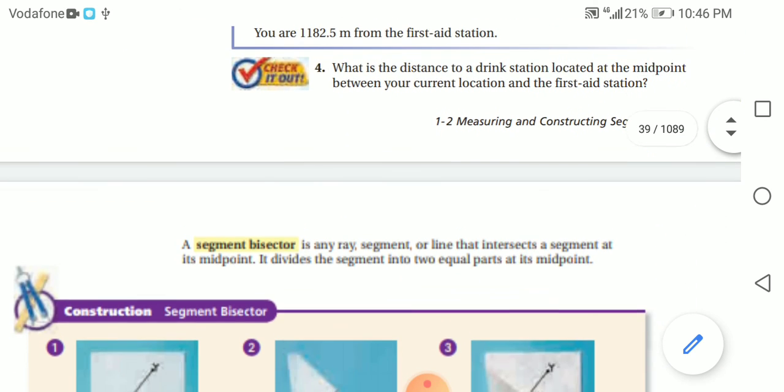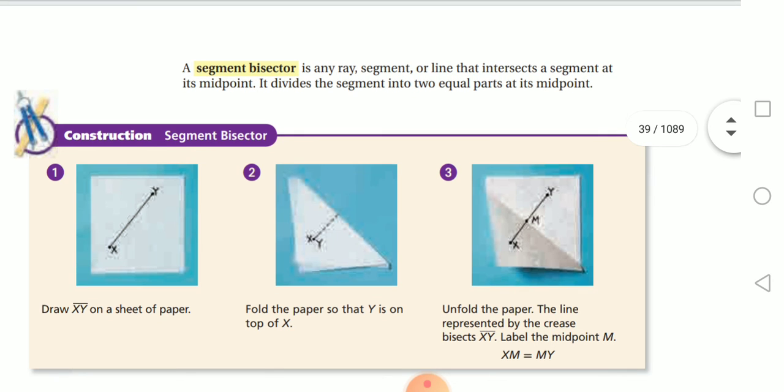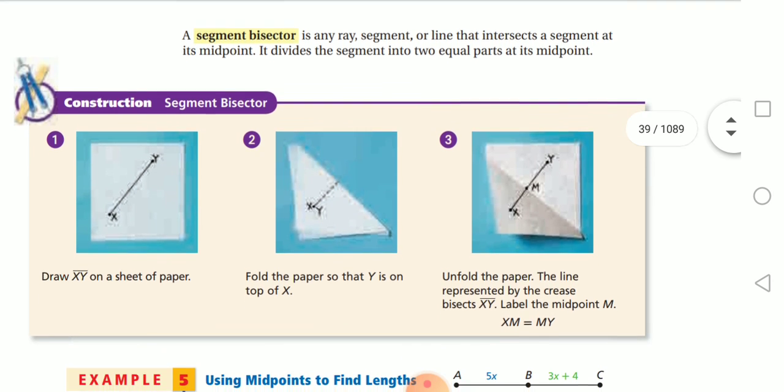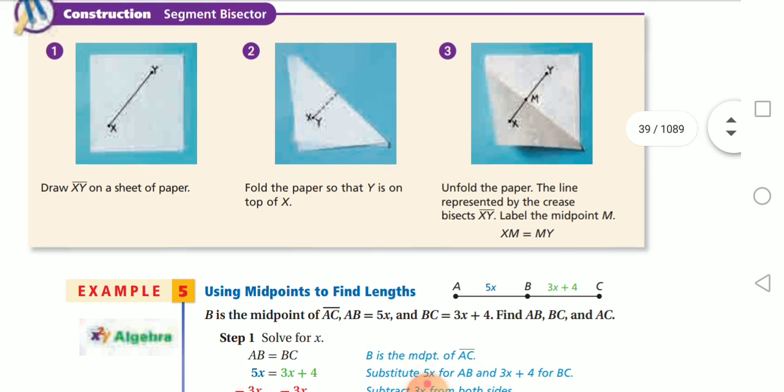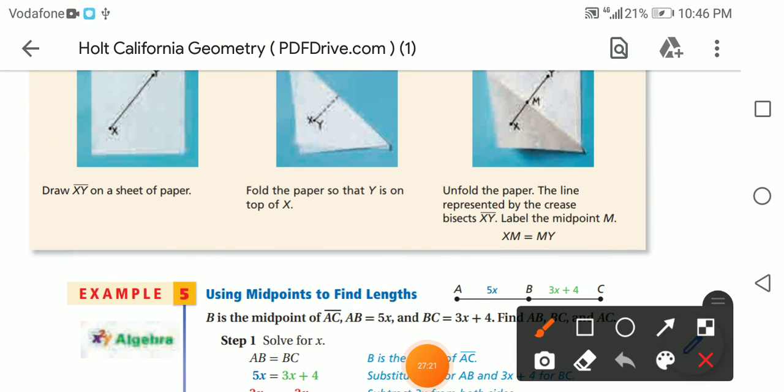Okay, let's continue. A segment bisector is any ray, segment, or line that intersects a segment at its midpoint. It divides the segment into two equal parts at its midpoint. It's easy to draw XY on a sheet of paper, then fold the paper so that Y is on top of X, and then unfold the paper.